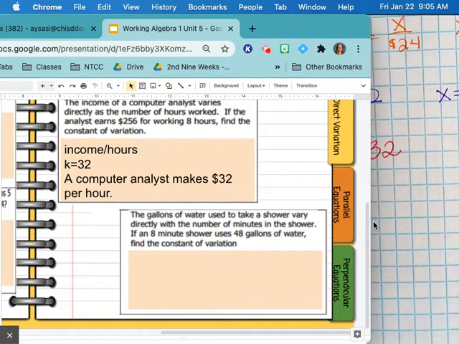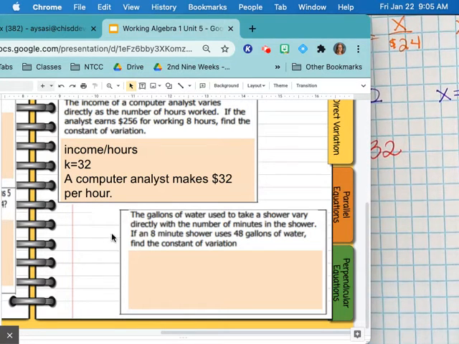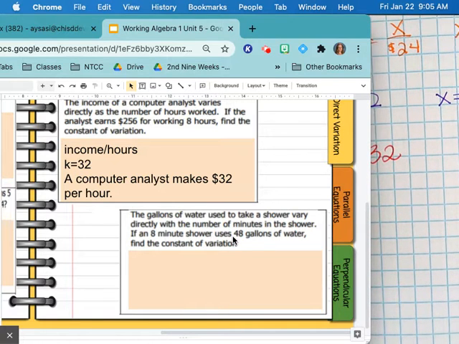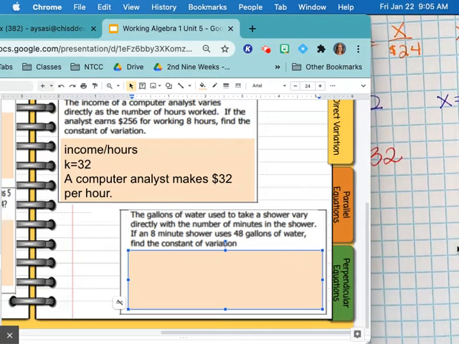Okay, last one. The gallons of water used to take a shower vary directly with the number of minutes in the shower. If an 8-minute shower uses 48 gallons of water, find the constant of variation. So let's type, what is the variation? Minutes and gallons.